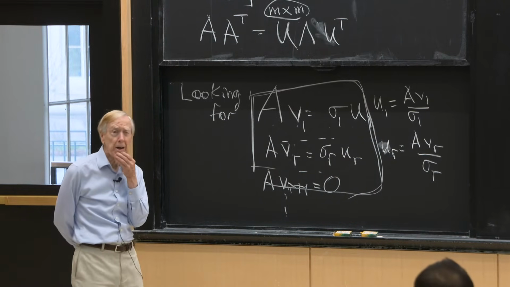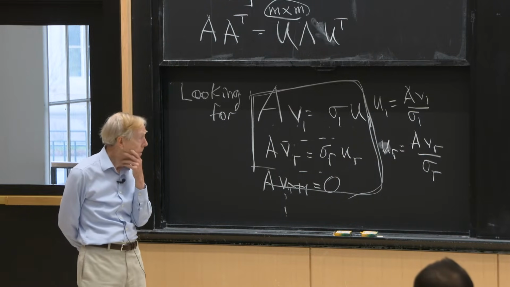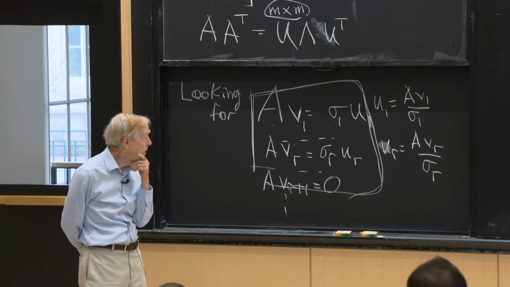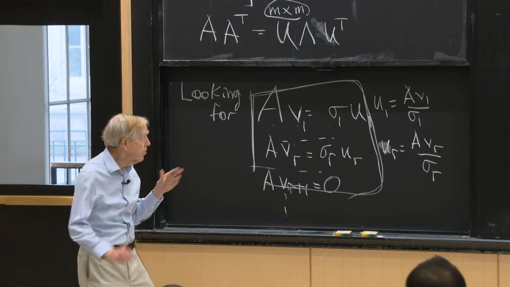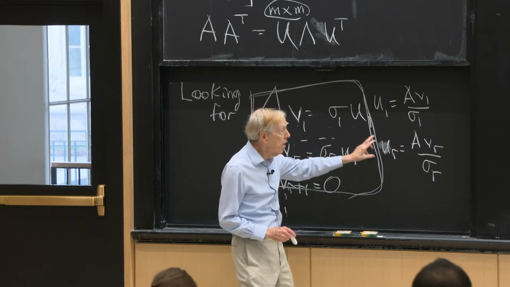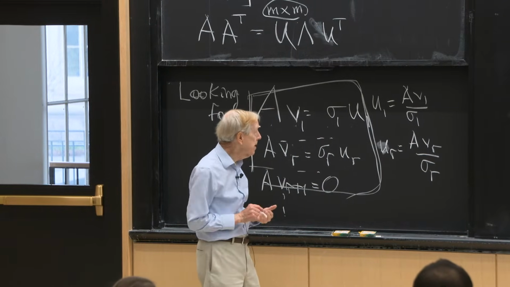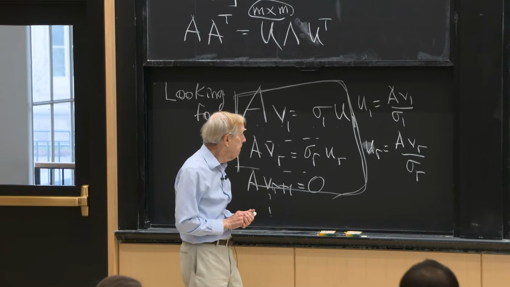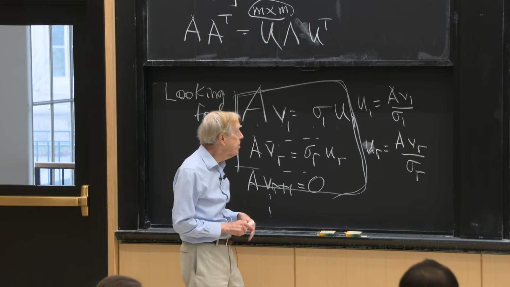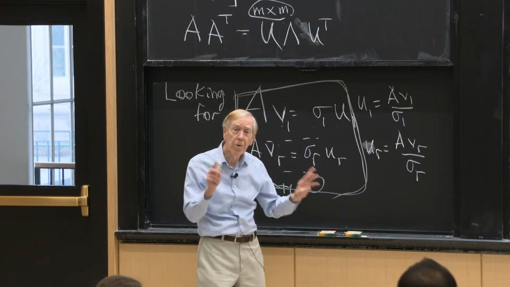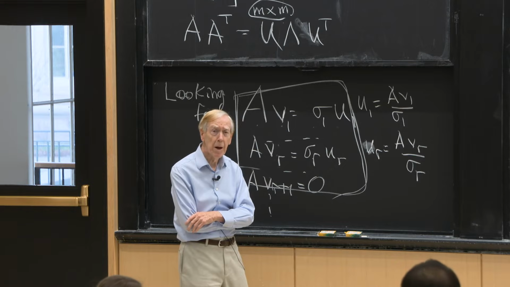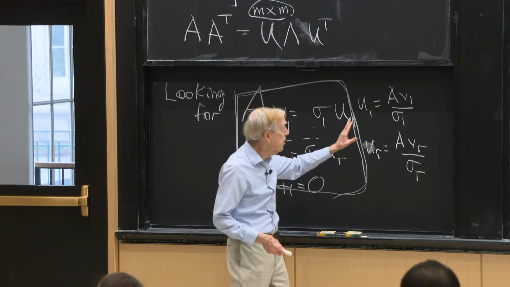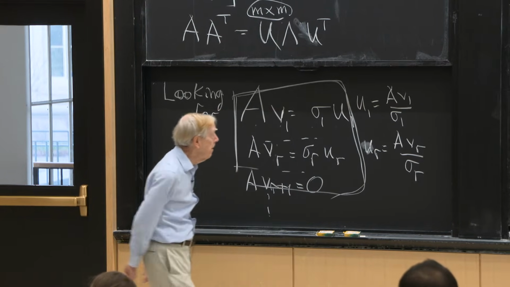Okay, and now finally I have to show that it's the right one. So what is left to show? I should show that these U's are eigenvectors of A A transpose. And I should show that they're orthogonal, right? That's the key. I would like to show that these are orthogonal.